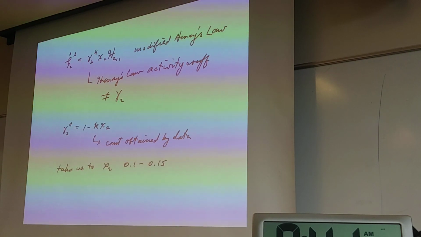So let's make an important summary here. We've got Henry's law for dilute solutions; let me rewrite it here so I can conveniently make a comparison.